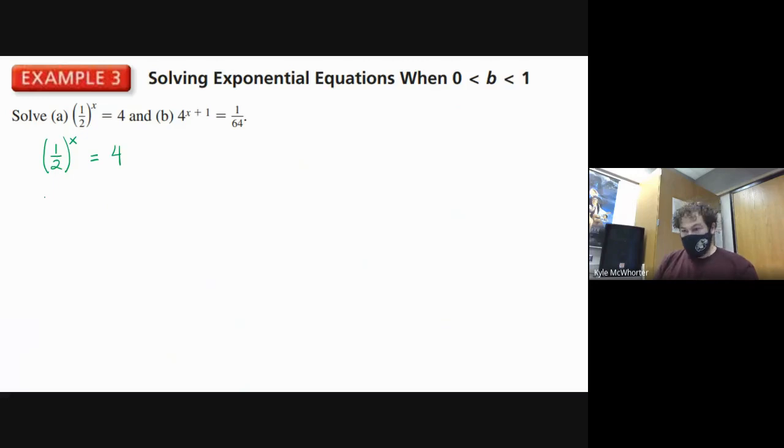So I'm going to rewrite my 1/2, using the fact right here that 2 to the -1 equals 1/2. So 1/2 is 2 to the -1, so I'm going to put 2 to the -1 over here. And then I'm also going to rewrite my 4 as 2 squared.